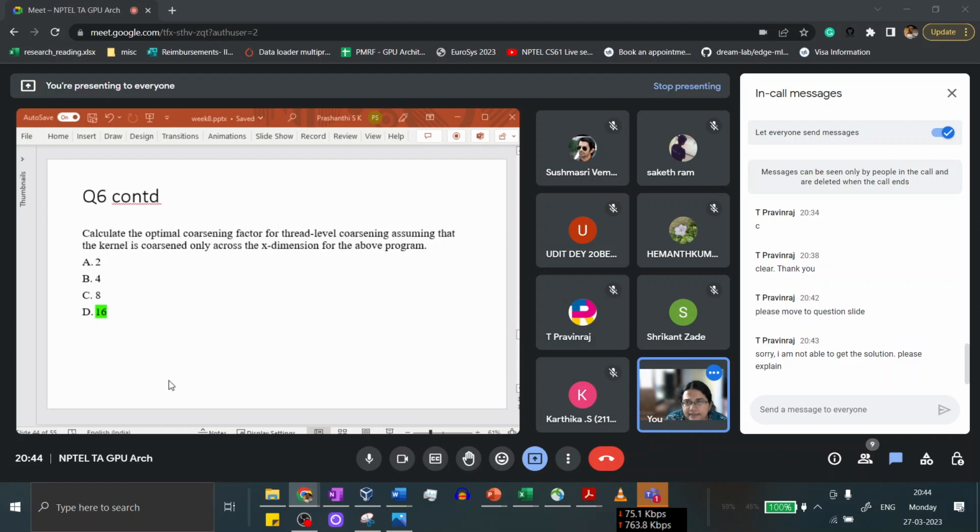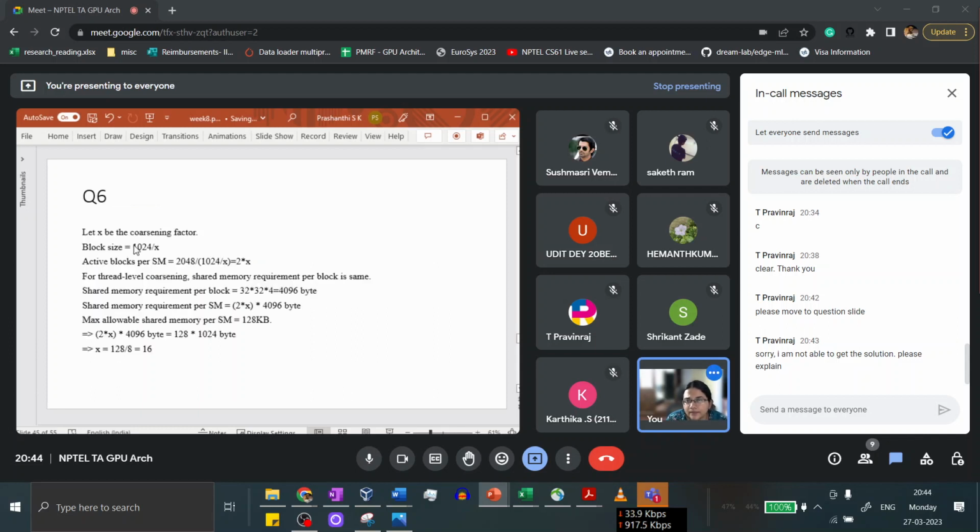So first of all, we are asked for the optimal coarsening factor for thread level coarsening, and assuming that we coarsen it only along the x dimension. So we are trying to find this x, the coarsening factor. For now it's an unknown, we just call that x.